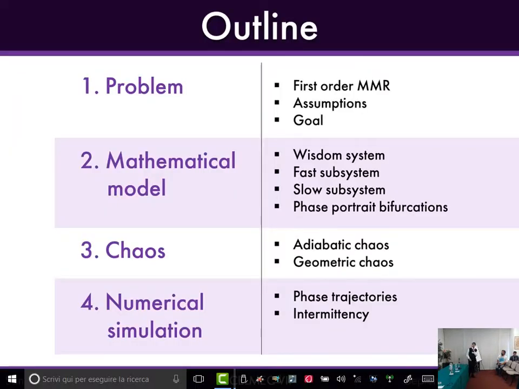So here is the outline of my presentation. I'll speak about the problem itself and the mathematical model that we used. Then I'll introduce some chaotic effects that are in the model and confirm some of the conclusions by presenting the results of numerical simulations based on data of real objects.